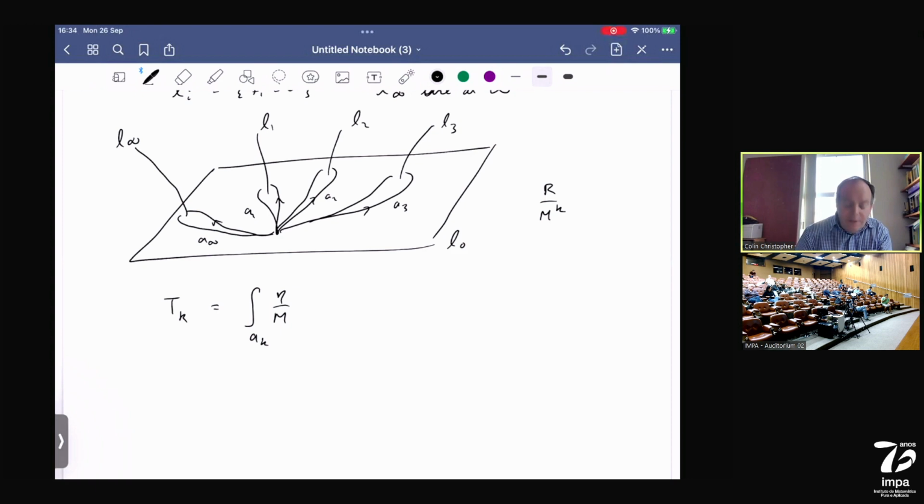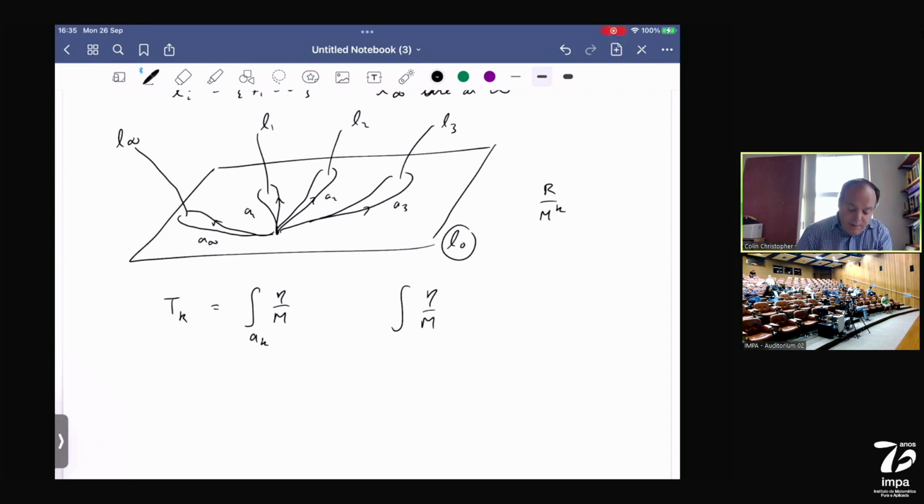The way that we're going to deal with that is that we're going to show that the integral of eta over m vanishes along every Pochhammer cycle close to this curve L0.